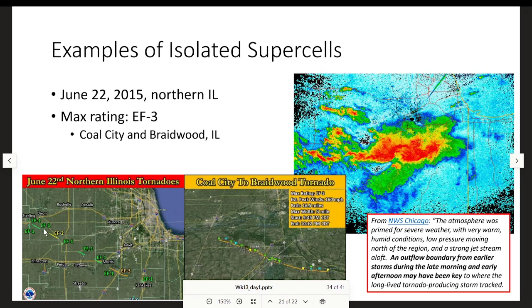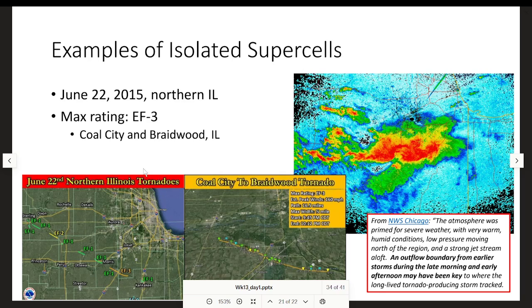It was EF1 damage, then it got to EF2, back to EF1, and then up to EF3 damage, and then it went back down to EF1. So, up to 160 miles per hour, and it lasted from 9:45 p.m. to 10:12 p.m.